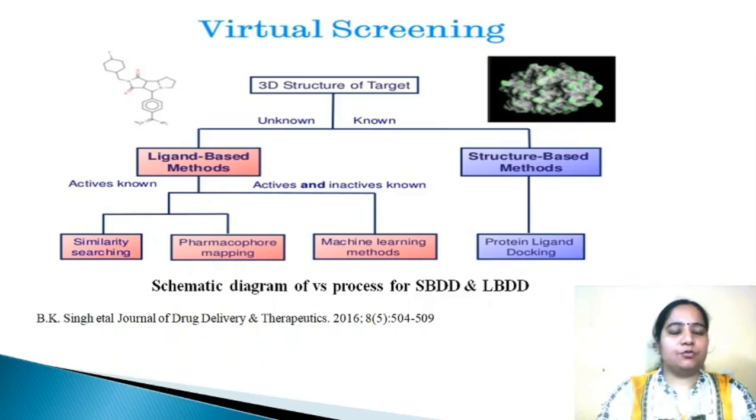The structure-based method relies upon the structure of the target protein and its active site, and the ligand-based method is based upon the estimation of the calculated similarity between the known active and compounds coming from the databases.